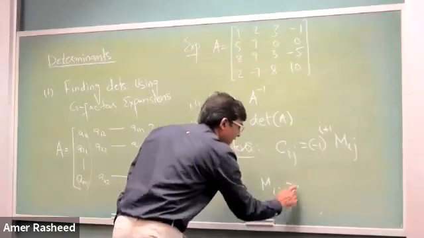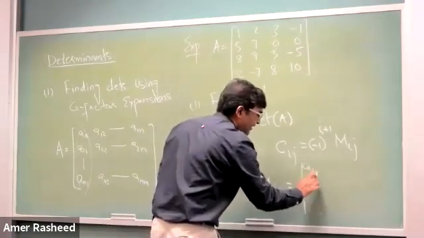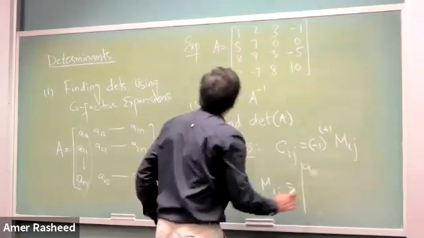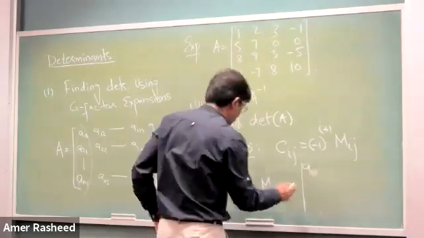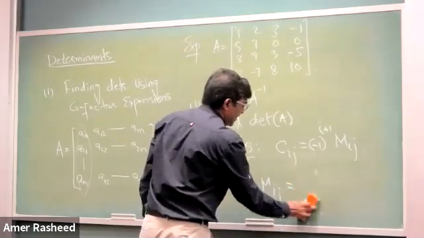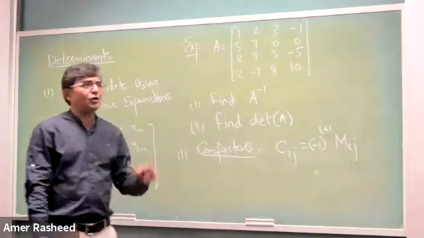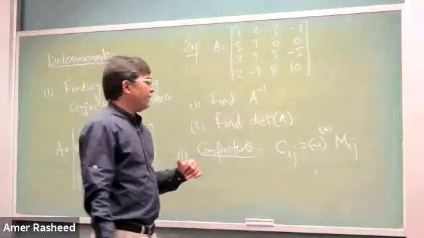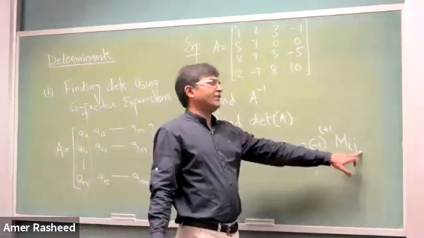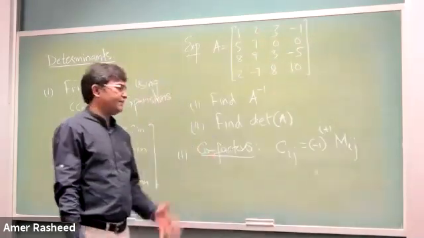In words, M_ij is the determinant of the matrix obtained by deleting the ith row and jth column of the given matrix. This was the definition of minor.